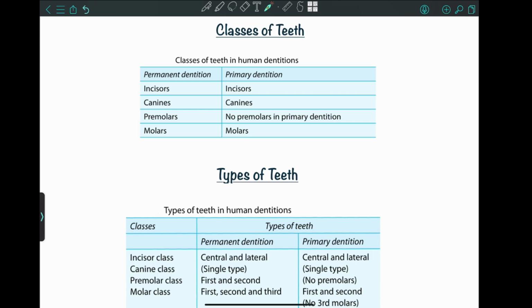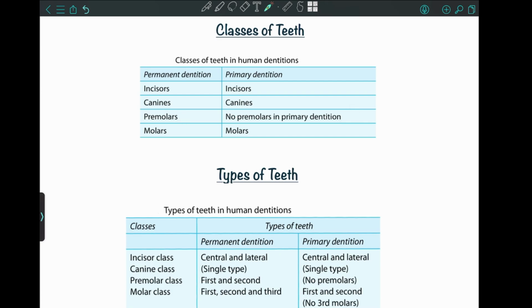Talking about the classes of teeth, all the teeth in human dentitions are not of the same shape. Depending on the form and function, there are 4 classes of teeth in permanent dentition: the incisors, the canines, the premolars and the molars. Premolars are only found in the permanent dentition.